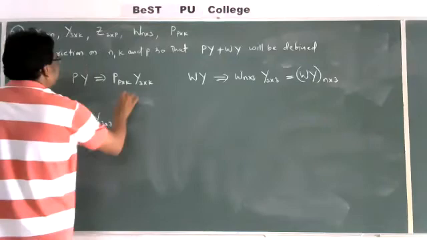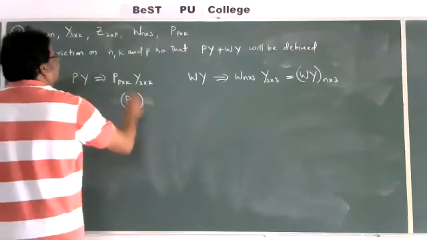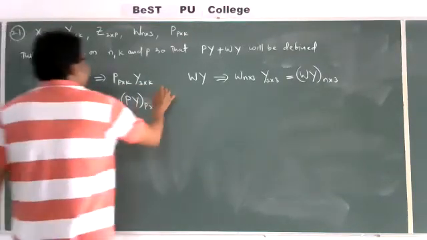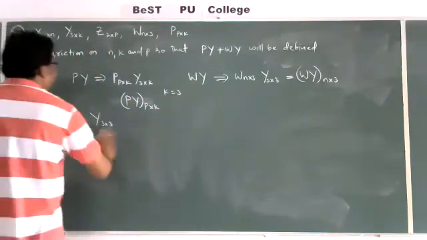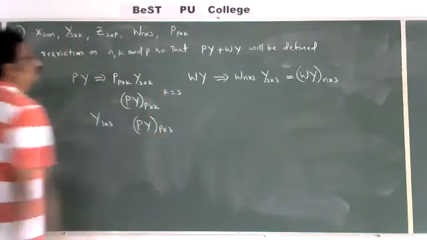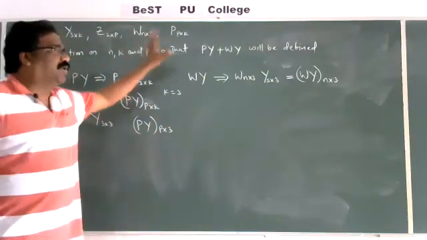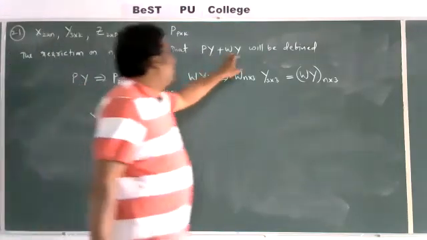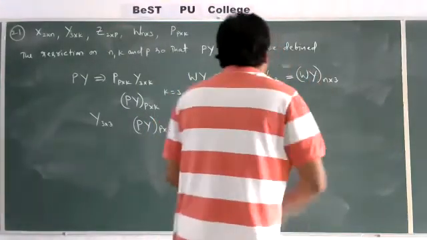PY is a matrix of P by k, and k is equal to 3, so PY is a matrix of P by 3. After the product of PY we get a P by 3 matrix, and after the product of WY we get an n by 3 matrix.